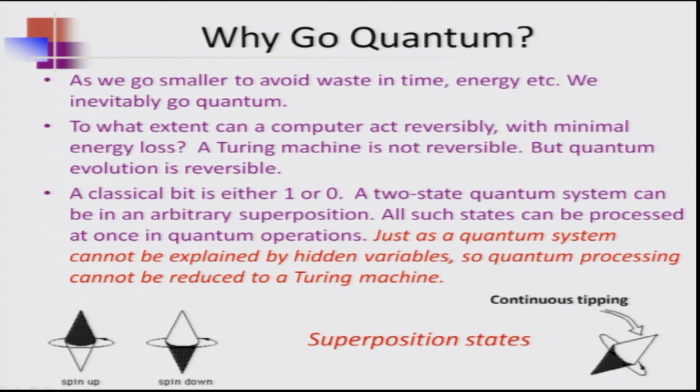That is what is being said here: we cannot help but go into this quantum world, because as we go smaller to avoid wastage in time, energy, etc., we essentially go into this quantum world.